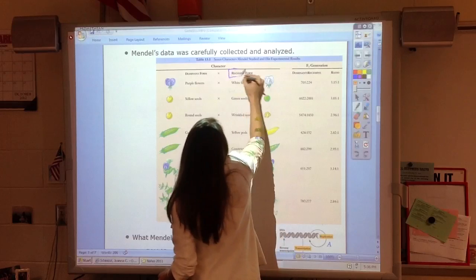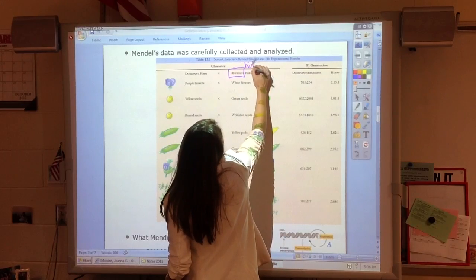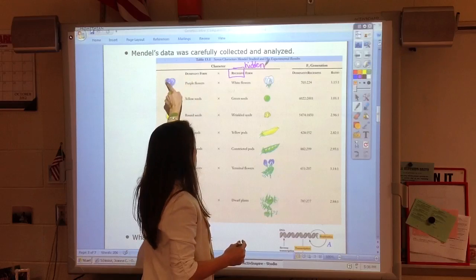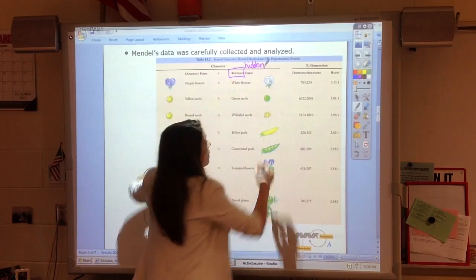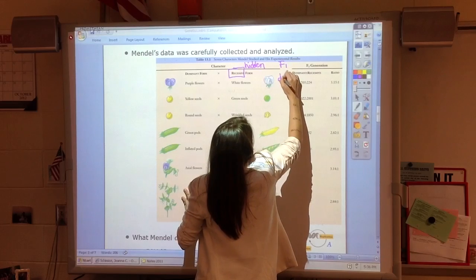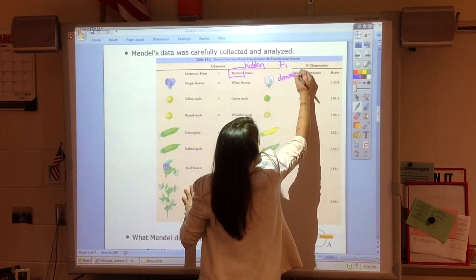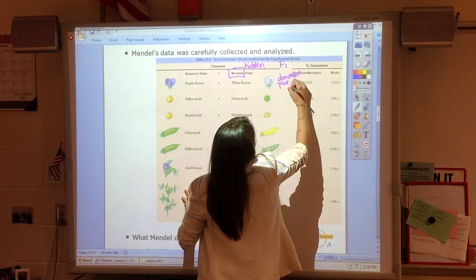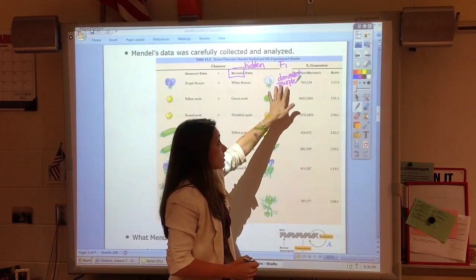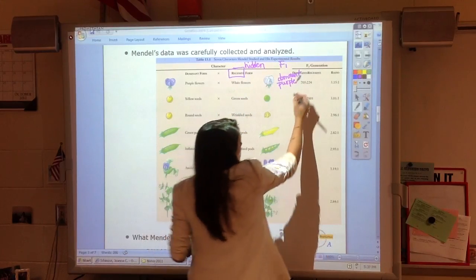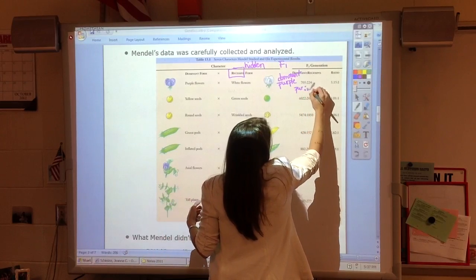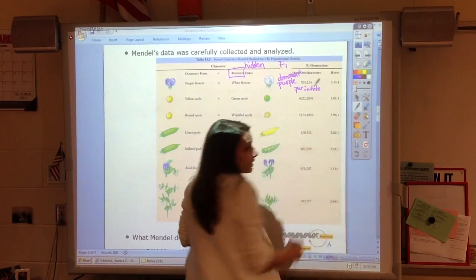So the recessive form is sometimes known as the hidden form, because when I cross the dominant times the recessive, the F1 is always the dominant version. And so here, he always saw purple. When he crossed these purple times themselves, that's when he would start to see 705 purple compared to 224 white.